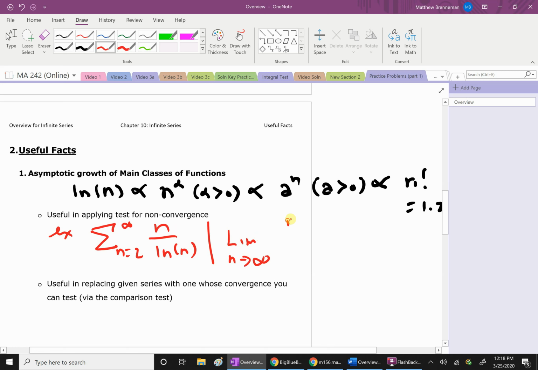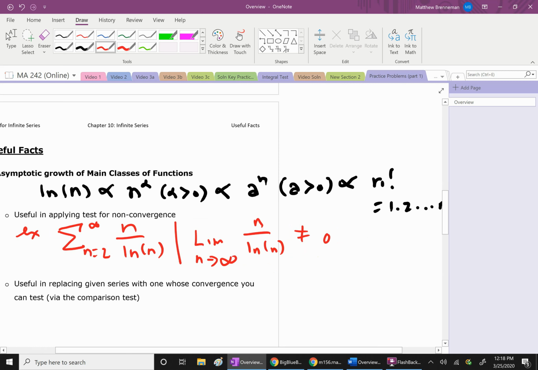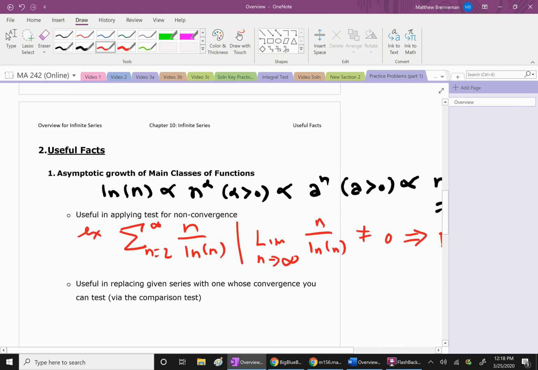Well, this is my a_n. And if this limit's not equal to 0, then we can conclude that it does not converge, right? That's what the test for non-convergence says. And in this case, it's definitely true that it doesn't converge to 0. The reason you know that is because you know that natural log n over n to the alpha converges to 0. So this actually diverges to infinity.